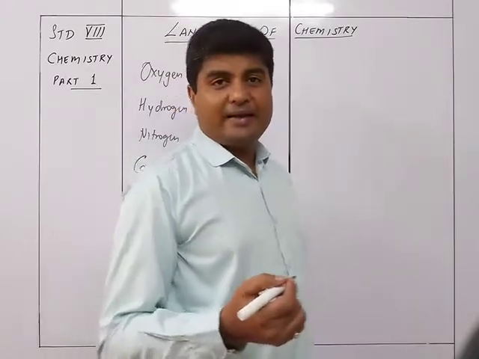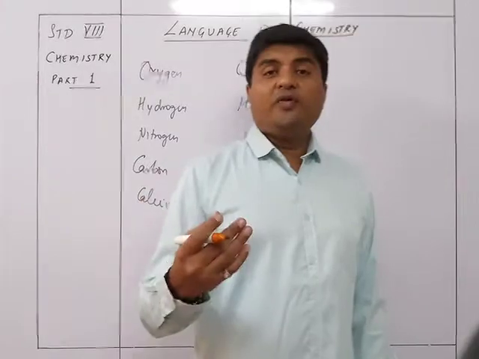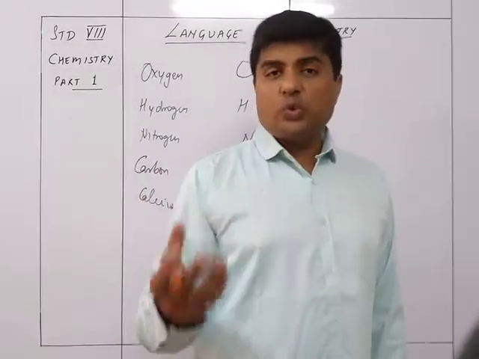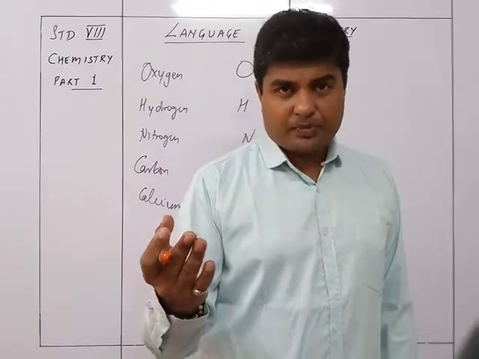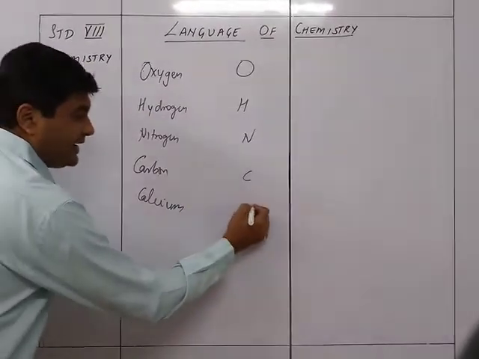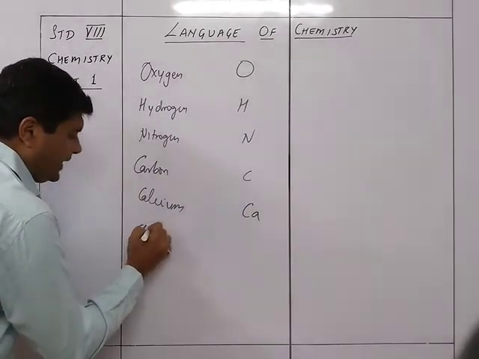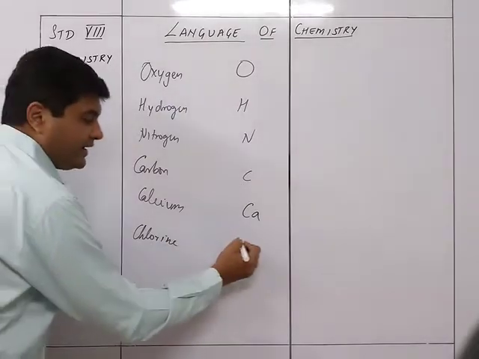So then it was decided that for those where the first alphabet has already been used, we will take the first two alphabets, or the first alphabet and the most prominent alphabet. Like for calcium it is Ca, but chlorine, now in chlorine the H is silent, so that's why you take it as Cl.